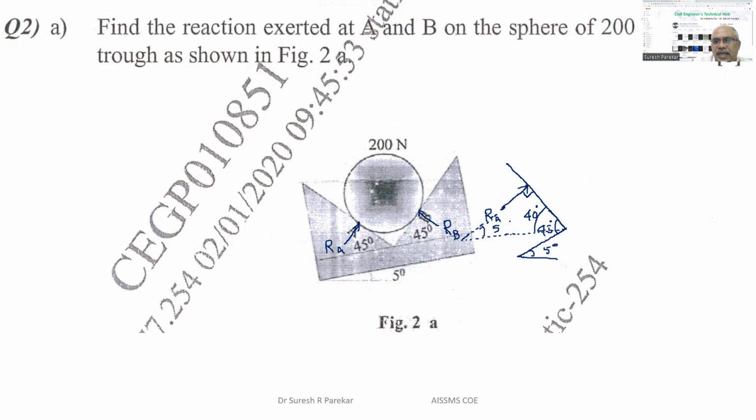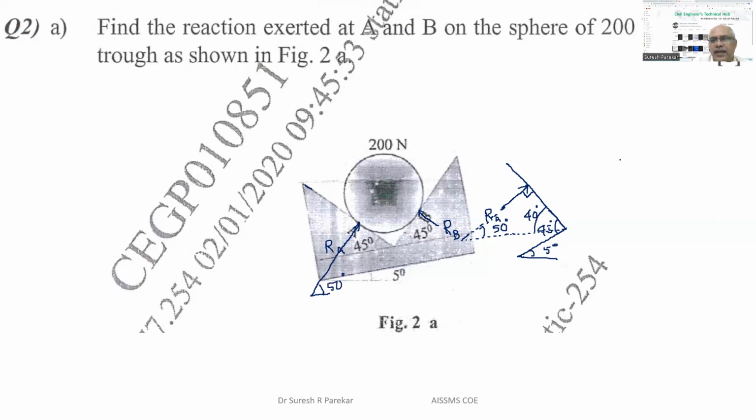So 40, this 90, so this will be 50 degrees. So the angle of RA with this inclined portion is 90 degrees, and with horizontal we have this angle as 50 degrees.